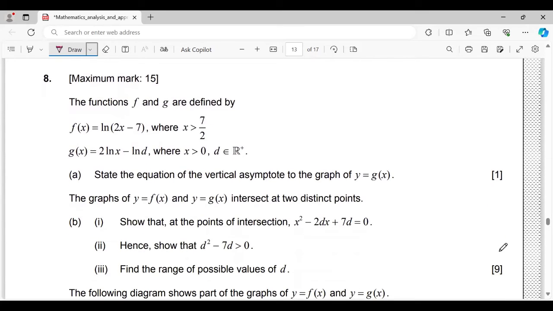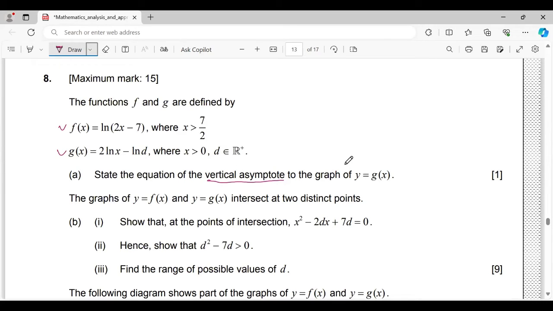The functions f and g are defined, this function fx, gx. State the equation of the vertical asymptote to the graph of y equals gx. The graphs of fx and gx intersect at two distinct points.